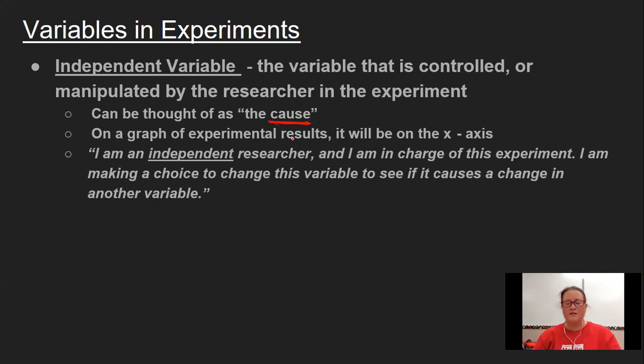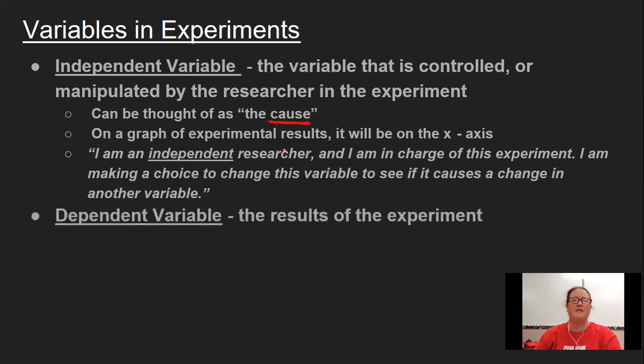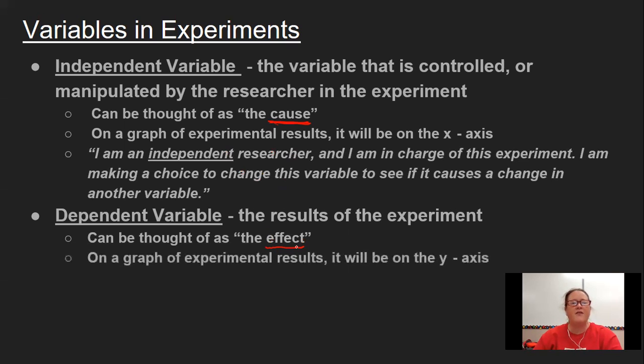And that something else ends up being the dependent variable. So the dependent variable is the results of the experiment, and it can be thought of as the effect. So the independent variable causes, and what it causes is the effect, the results. And on a graph of experimental results, it will be on the y-axis.